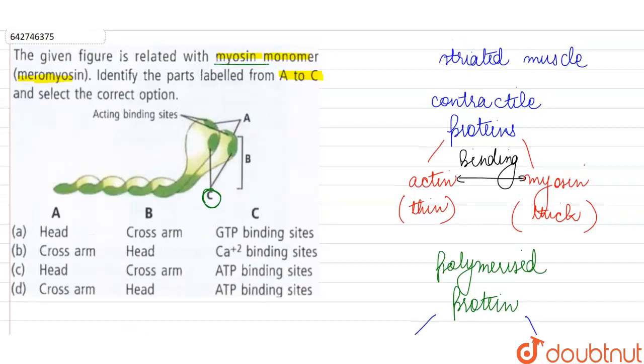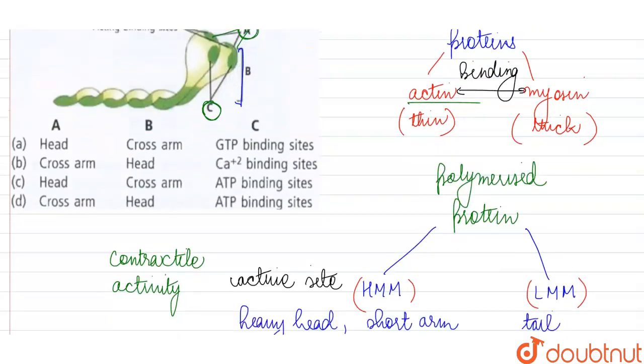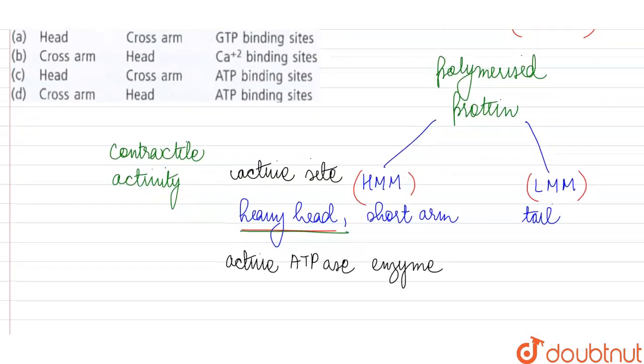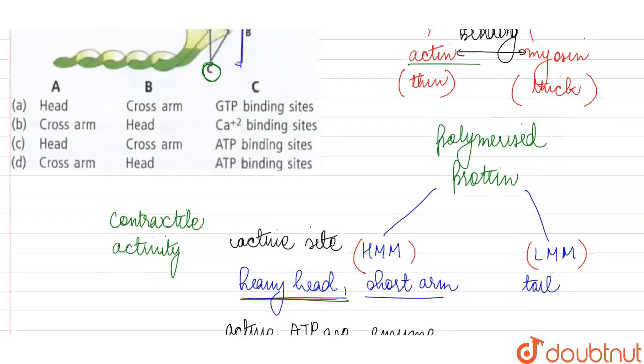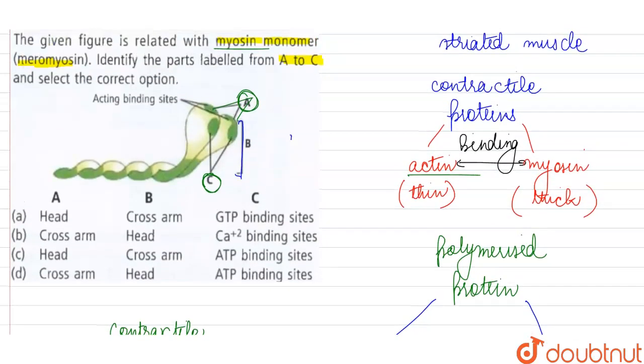Then over here the binding sites for actin have been labeled as A, and in B they are showing again the heavy component in our myosin protein, that is they have collectively labeled the head and the short arm because these protrude from our myosin filaments and form a cross arm, so that at the time of contraction after binding with actin, this myosin protein can form the cross bridge and muscle contraction can take place.